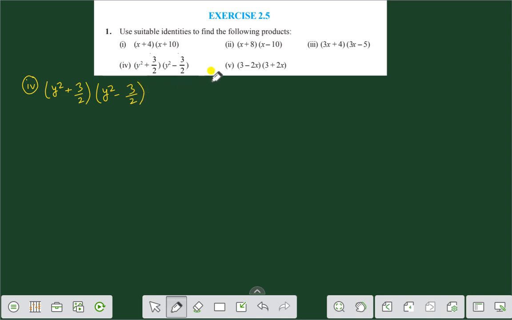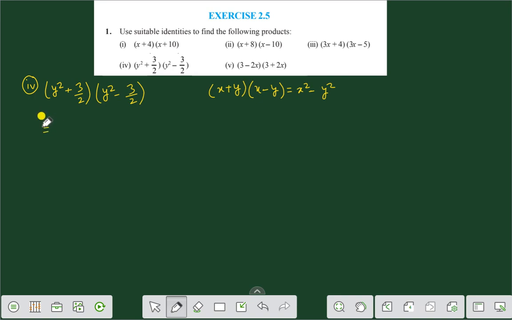Here we will apply the identity (x + y) into (x - y) is equal to x square minus y square.